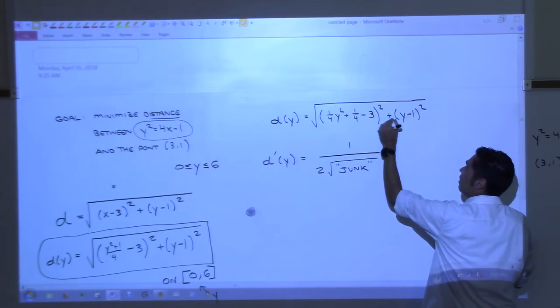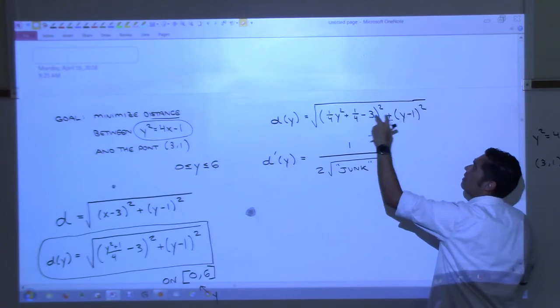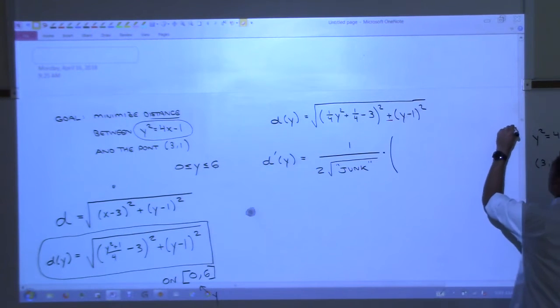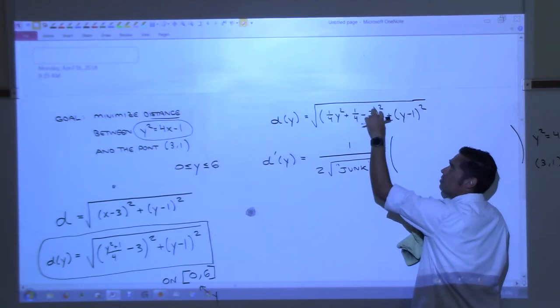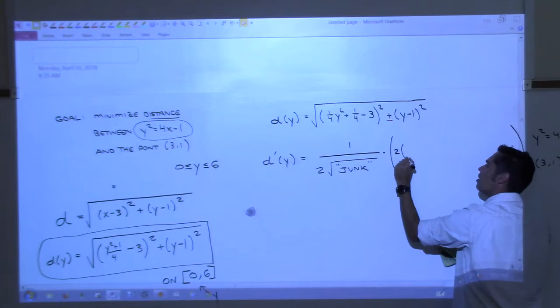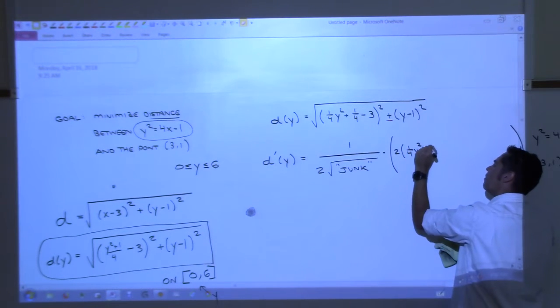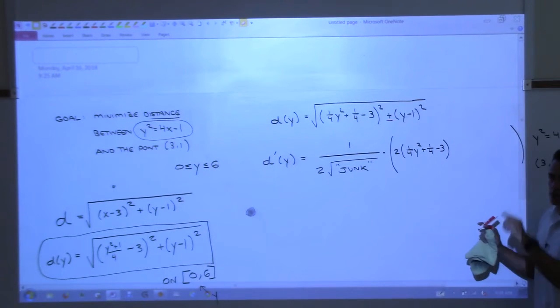We have to go inside and start taking the derivative. I have an addition right there, don't I? So I can do these separately, but I will need a set of parentheses. So let's do the derivative of this one first. It's chain rule. 2 pops out, right? So we've got 2 in front of 1/4 y squared plus 1/4 minus 1/3, all of that to the first power, right?